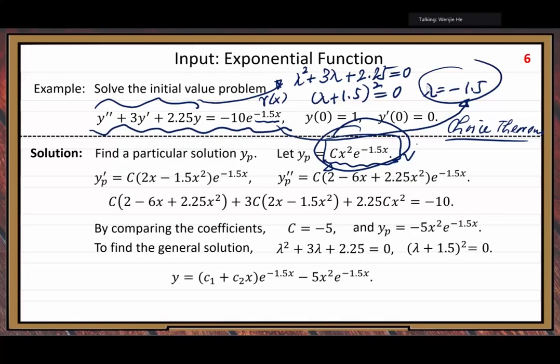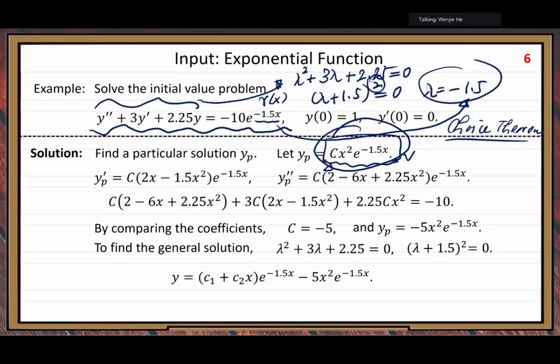That number is determined by the multiplicity of this root. So what's the multiplicity? Here the multiplicity is 2. Double root.